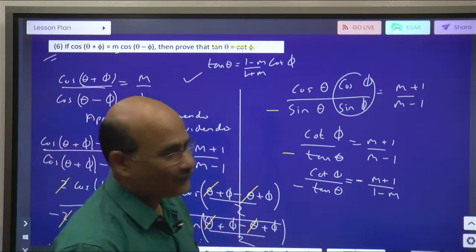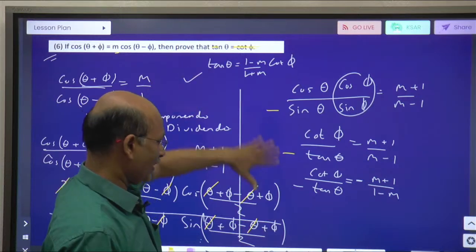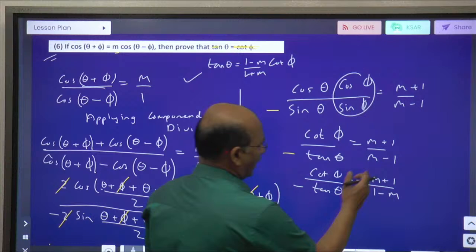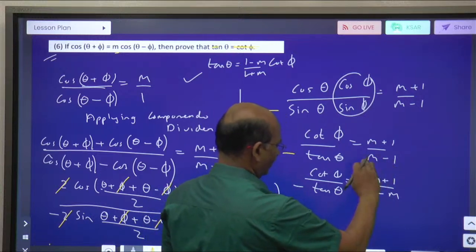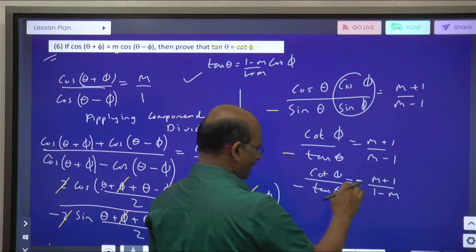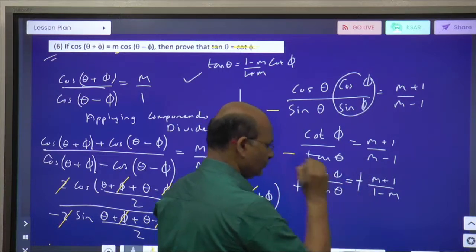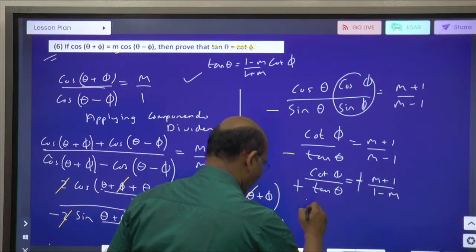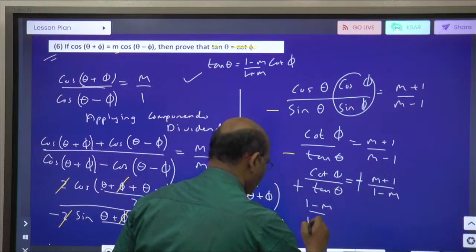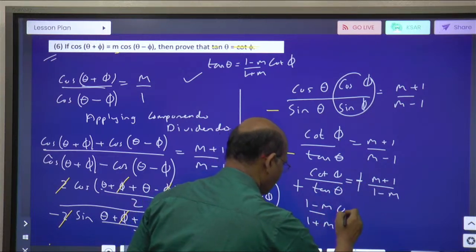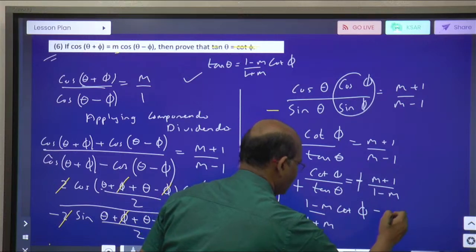I am sorry for this small mistake, we really wasted 5 minutes on that. Now I think my work is over. I did 1 minus m over here and I put a minus sign, so both sides minus will automatically become plus. Now cross multiply. So this will become 1 minus m upon 1 plus m cot psi, and that is nothing but tan theta.